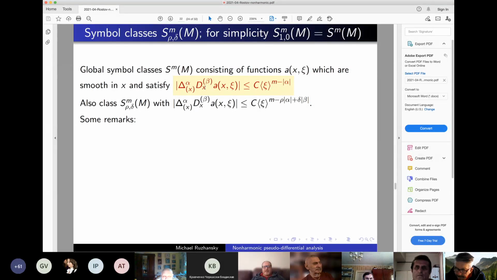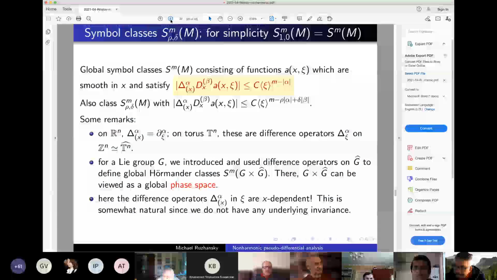And then we can define the (rho, delta) classes of Hörmander. We can define the usual one, the S^m class of Hörmander. And so if we are on R^n, these formulas reduce to derivatives. If we are on the torus, then these formulas reduce to difference operators on the lattice.